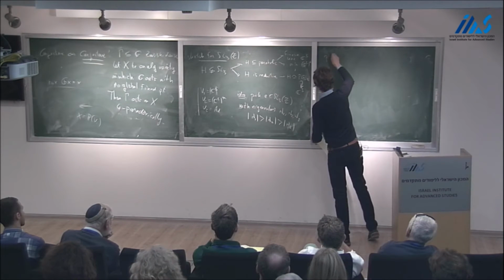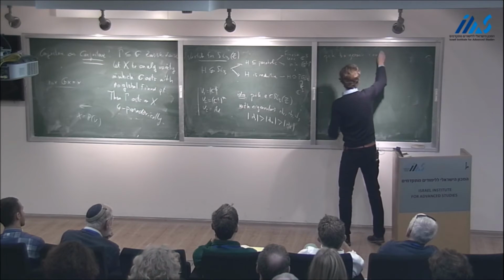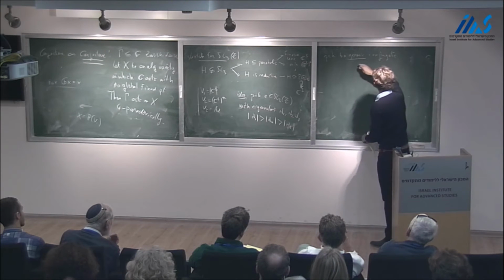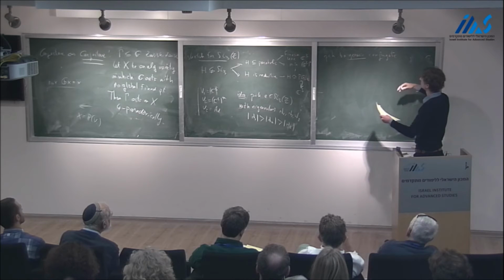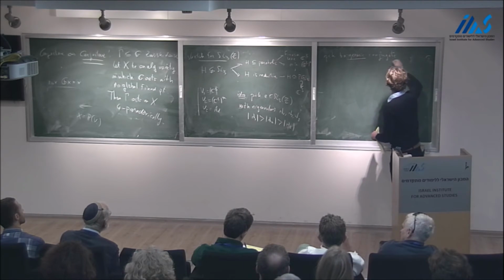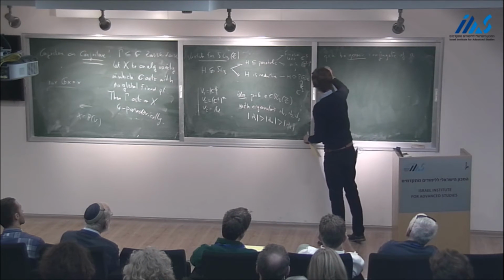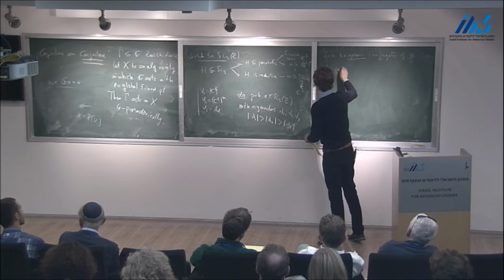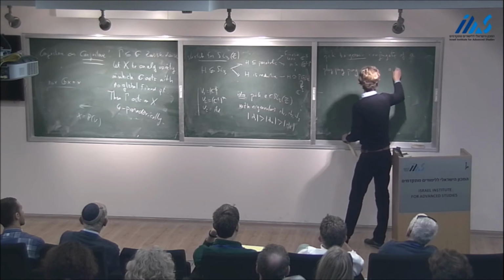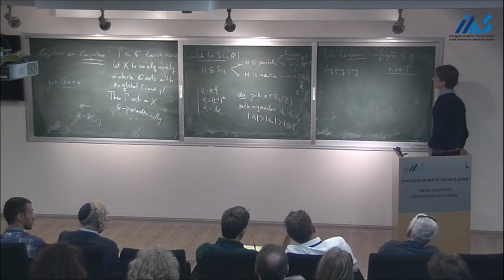So pick B, a generic conjugate of A. I'm not being very precise about what generic means here, but there will be a Zariski open set in G such that if you pick an element of gamma inside it, it will work. A and B belong to gamma. And you play ping pong.